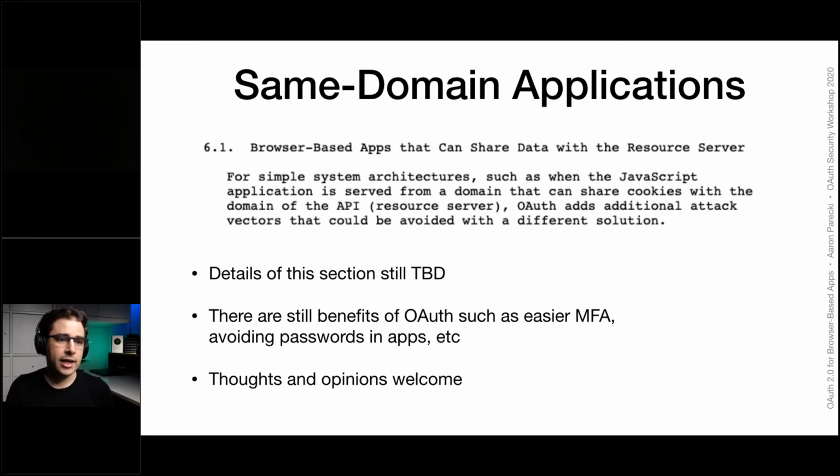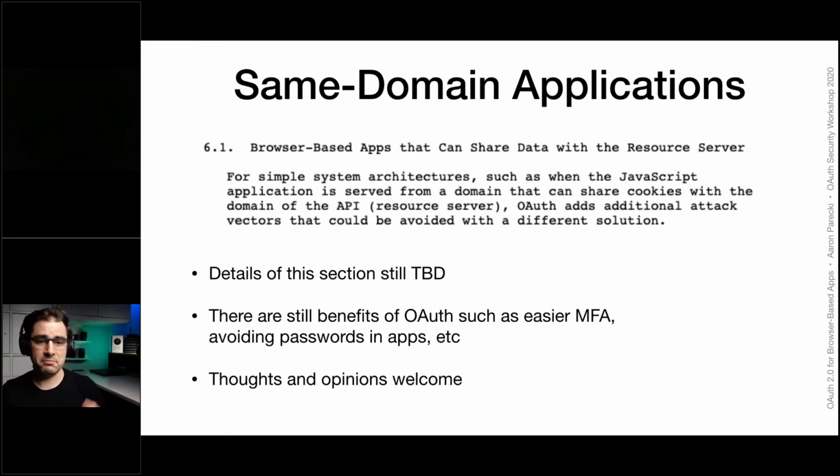But the idea here would be, what do we actually want to put forth as a recommendation for this kind of architecture when the deployment knows that the client and the authorization server do share a domain and can share cookies?